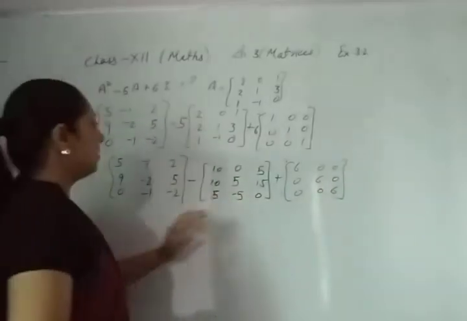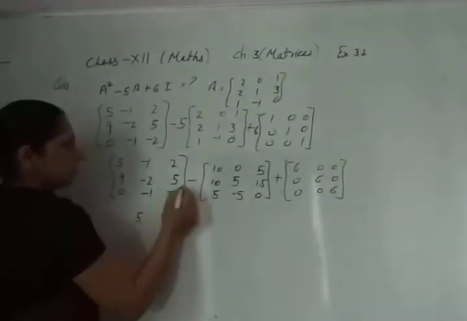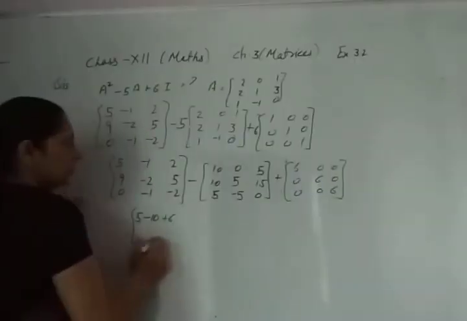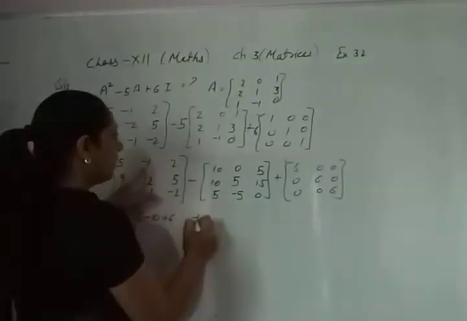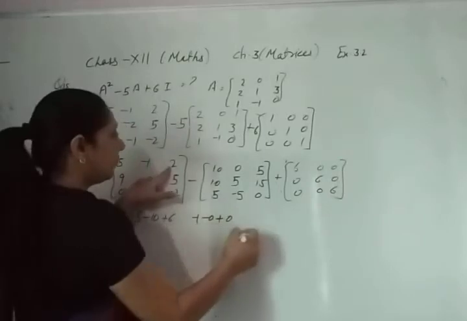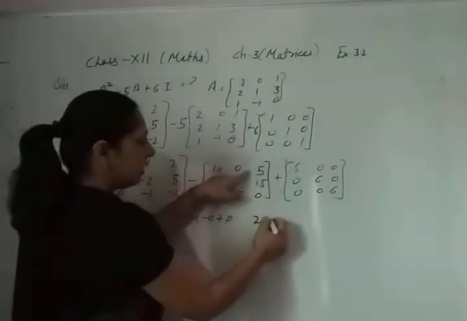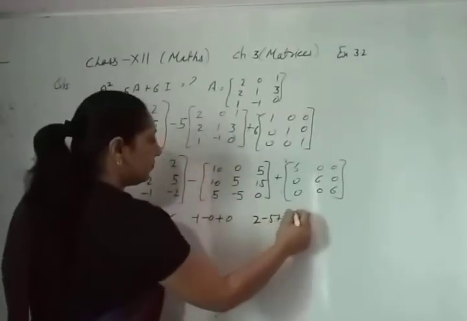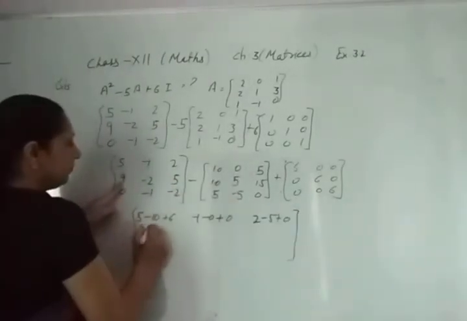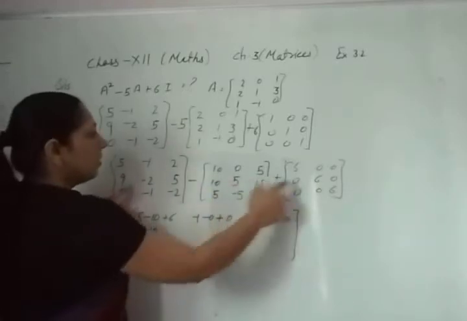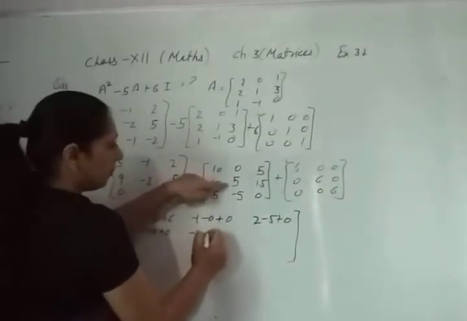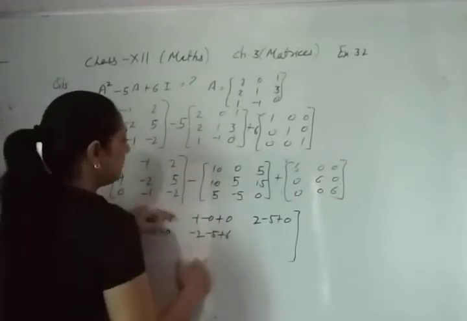Now solve this. So it's 5 minus 10 plus 6. Then second, minus 1 minus 0 minus 0. Third one is 2 minus 5 minus 0. Similarly, 9 minus 10 plus 0. Now second one, minus 2 minus 5 plus 6.